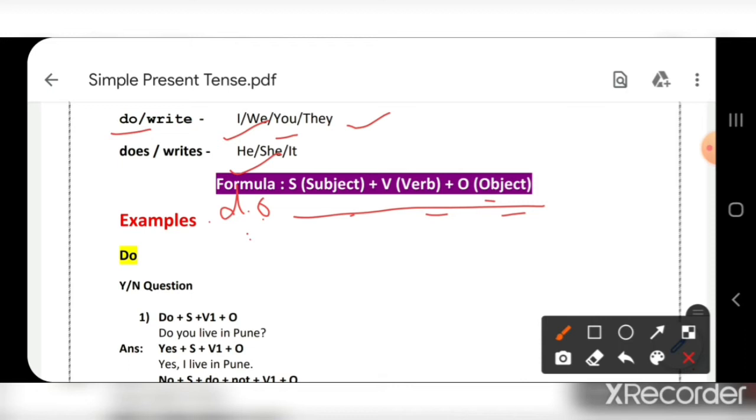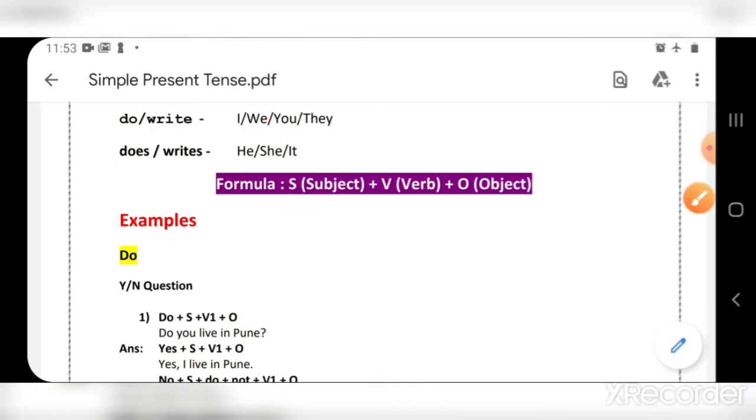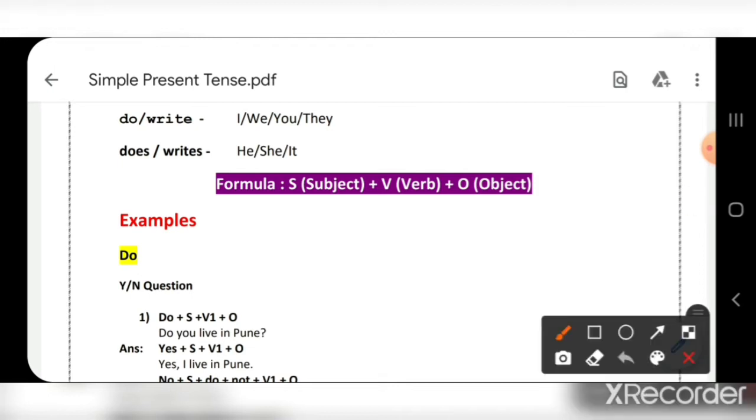Now if you want to ask a wh question, in the same way, using the same do, you have to use just a wh word before do. Do or does are helping verbs.